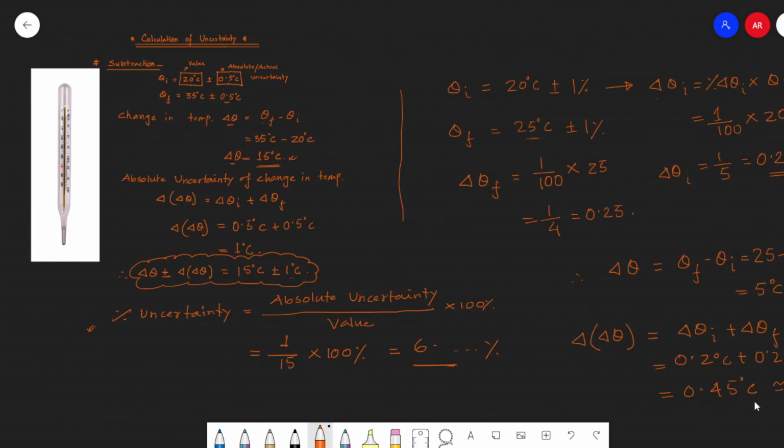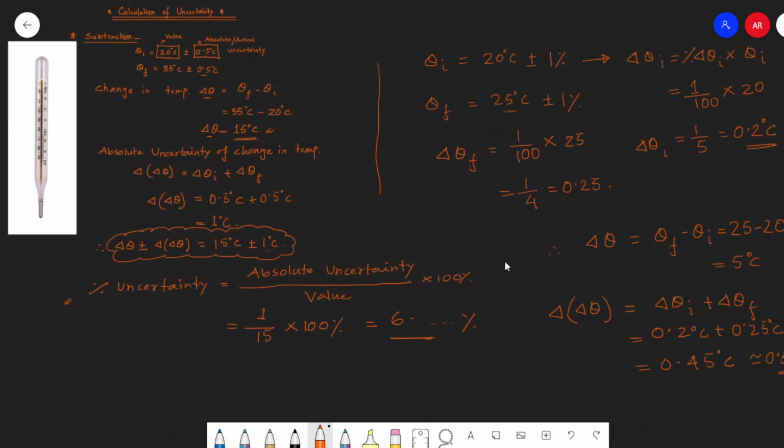So here the absolute uncertainty of this change in temperature is 0.5 degrees Celsius, provided the percentage uncertainty is given as 1% for each of the temperatures. So right here, if we want to express del theta plus minus del of del theta, this is going to be 5 degrees Celsius plus minus 0.5 degrees Celsius.